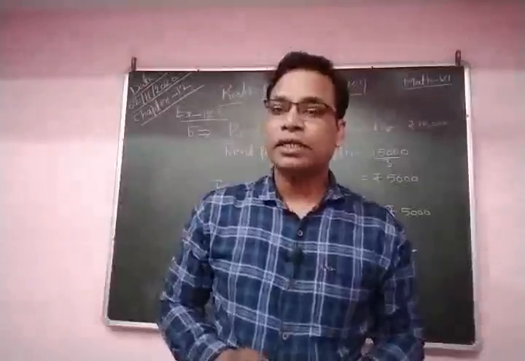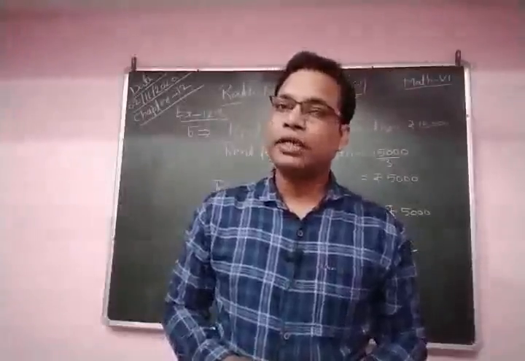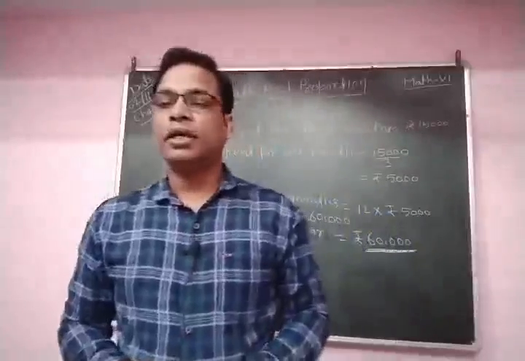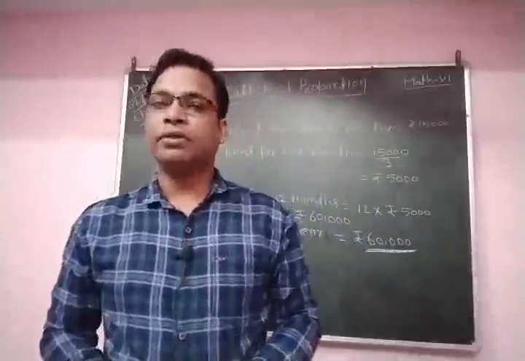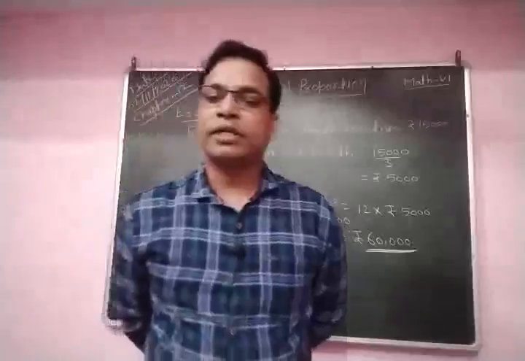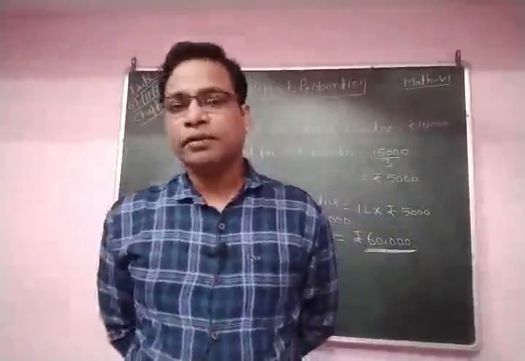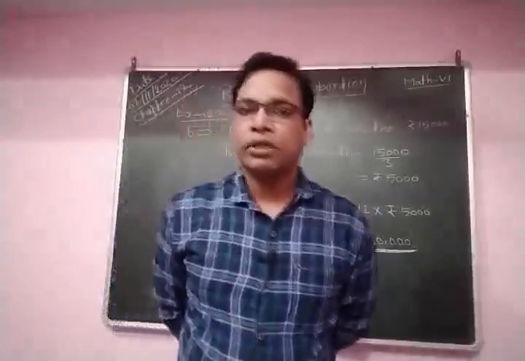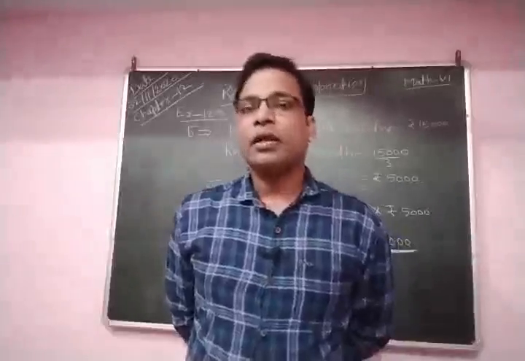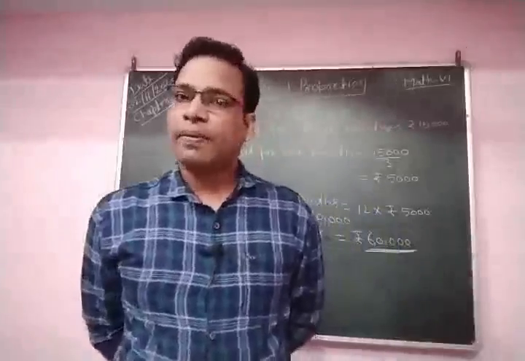The next question is: cost of 4 dozen bananas is 180 rupees. How many bananas can be purchased for 90 rupees? Here it is given that the cost of 4 dozen bananas is 180 rupees. So first we find the cost of 1 dozen bananas. The cost of 1 dozen bananas is 180 by 4.